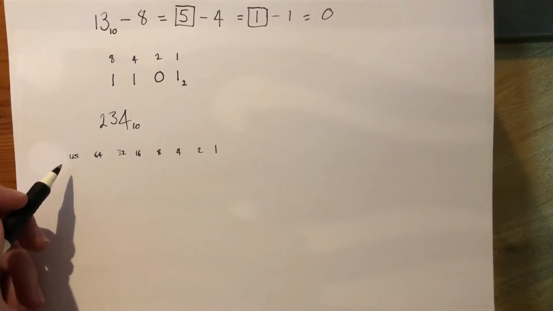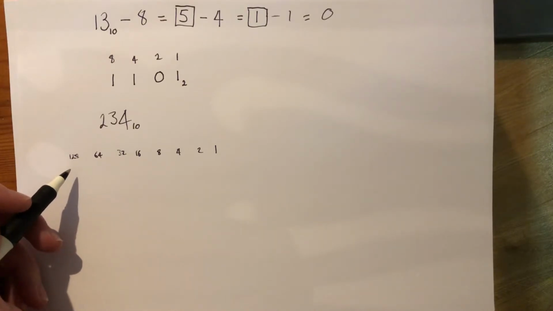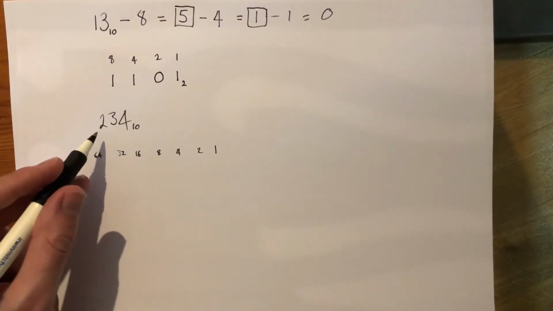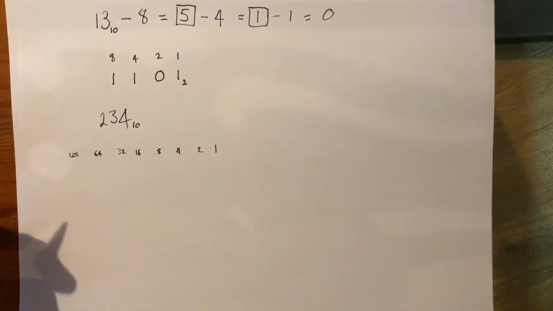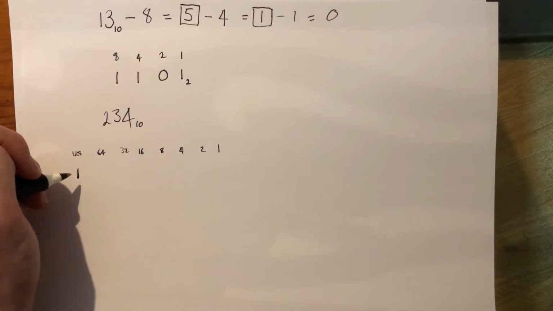So we do the same thing we did before. We start from the left and we work to the right. Does 128 fit inside 234? Yes, it does, because it's smaller, so we put a 1 in that column.